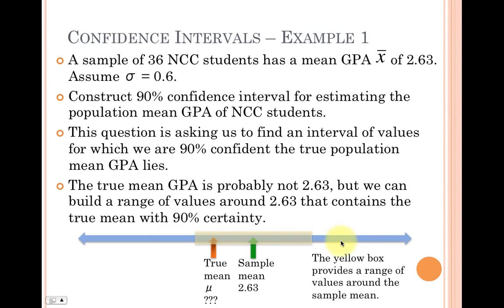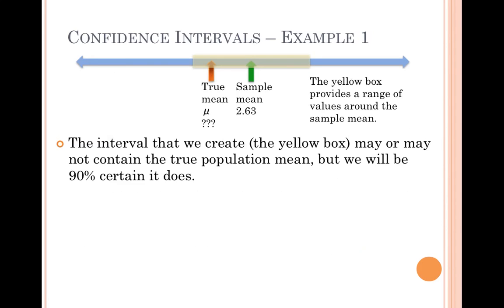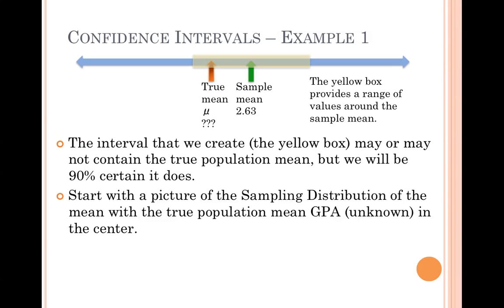So our goal is simply to create a yellow box with 90% certainty, with a 10% chance that it does not fall within that box. The interval that we create, which is the yellow box, may or may not contain the true population mean, but we will be 90% certain that it does.